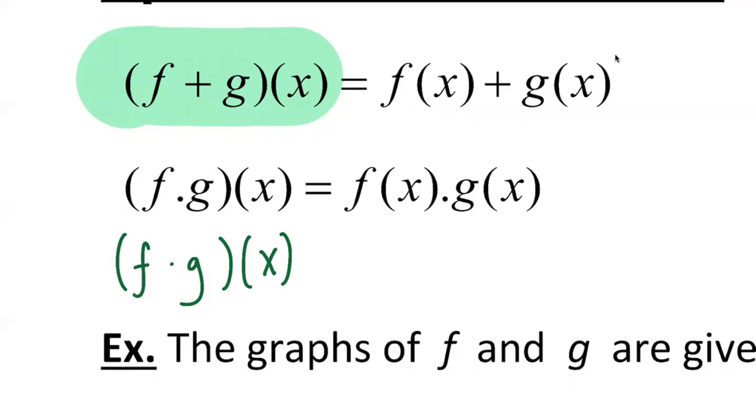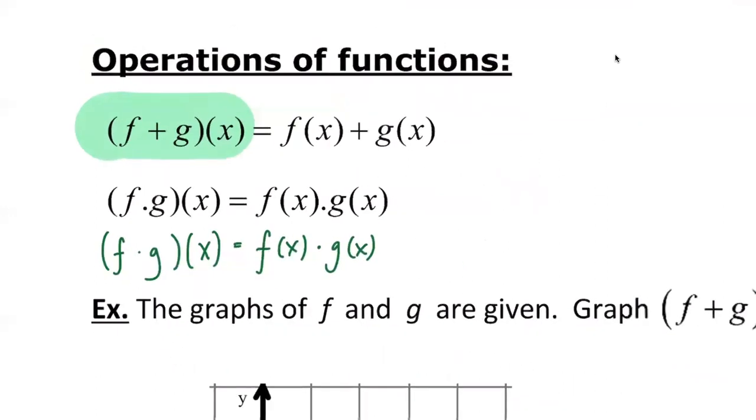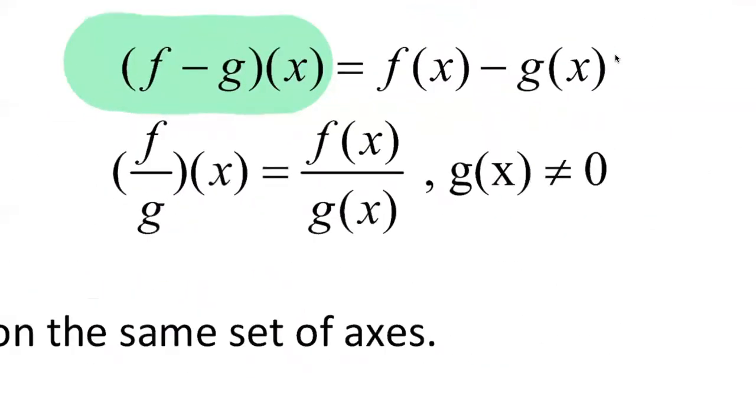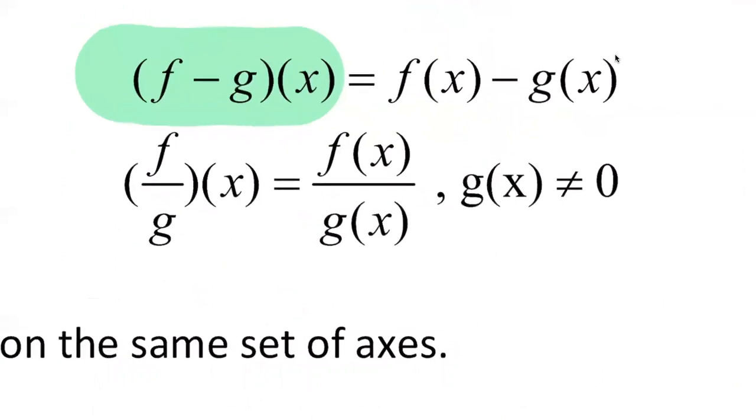So f times g of x is equal to f of x times g of x. Okay, that's what it means. Very straightforward. And then on the right, we have f divided by g of x, which simply means f of x divided by g of x.